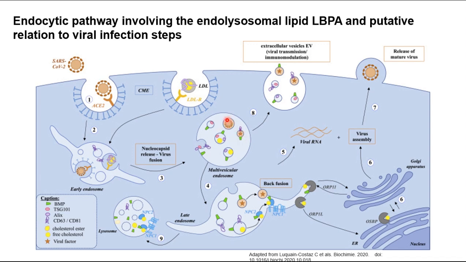This virus VSV is going to go out to the cytoplasm by a process which is called back fusion, and this back fusion is really specific, and it can be triggered by LBPA and ALIX in the fusion with the limiting membrane of the late endosome, and this fusion is regulated by LBPA and ALIX.